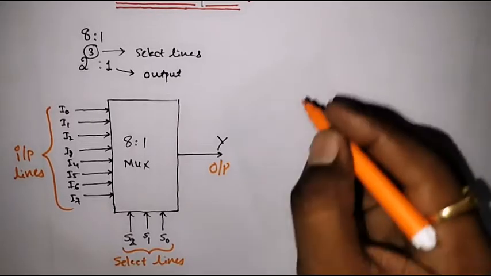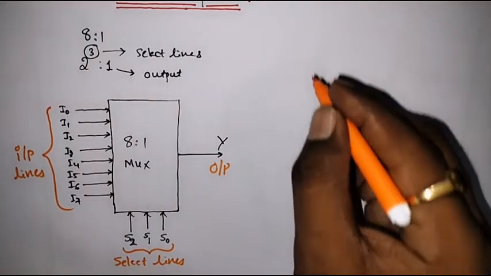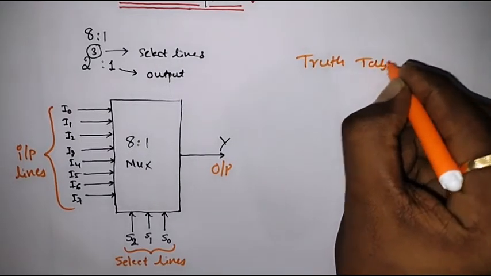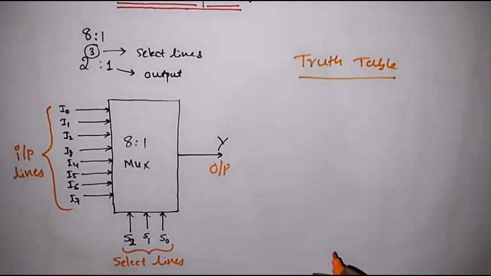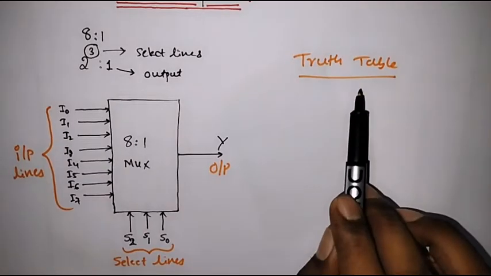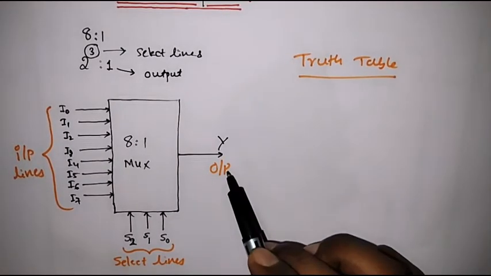Let's write the truth table for multiplexer. In multiplexer, truth table is written with respect to select lines and output line.